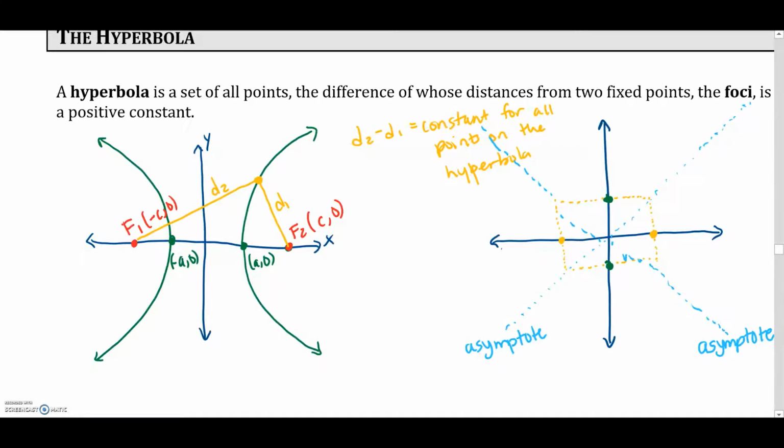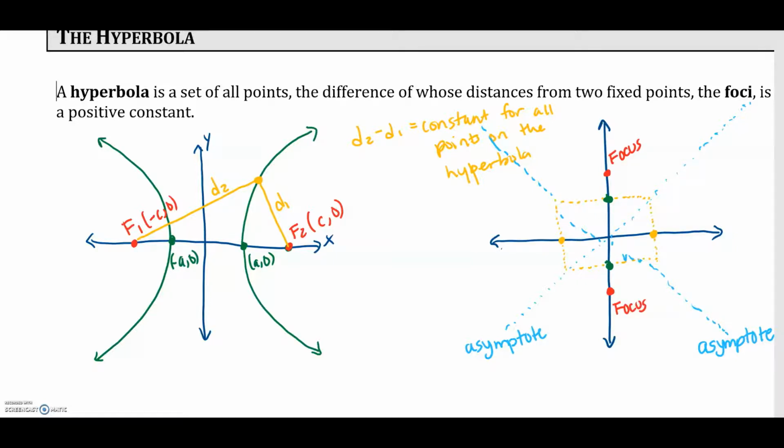We also have foci, which we can label on our graph. We can calculate the coordinates of the foci based on the original formula. So although they're called foci, if we're referring to both of them together, individually they are called focus points.